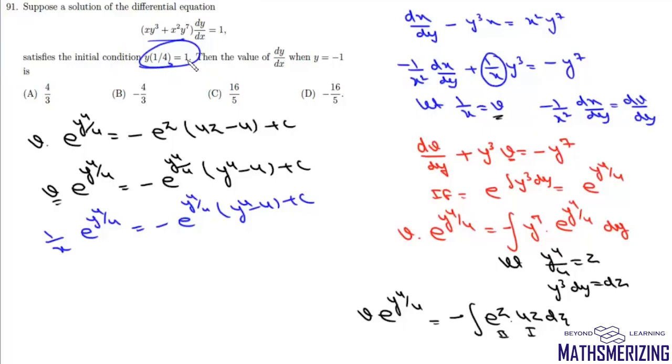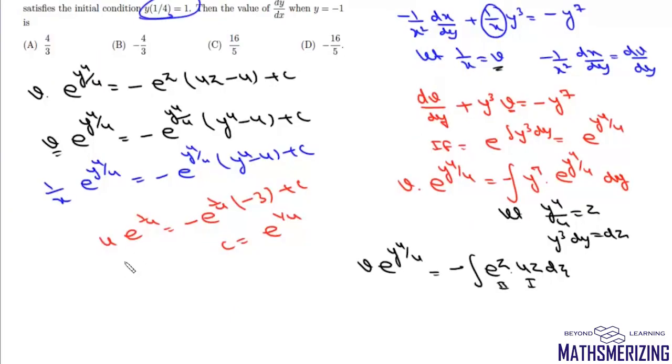Now we are given this initial condition that when the value of x is 1 by 4, value of y is 1. So we'll put this value to find value of c. So we'll put x as 1 by 4. So it'll be 4 and then e to the power 1 by 4. And here will be e to the power 1 by 4. And if we put y as 1, we'll get this as minus 3 plus c. So value of c will be e to the power 1 by 4.